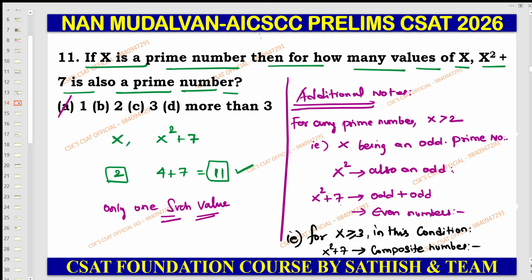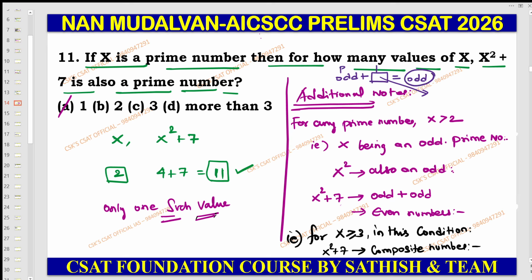X being an odd prime number, listen very carefully. Here, if you are taking an odd prime number, this is the odd. In order to get the odd, we are focusing on the prime number concept. What would be the case in order to get the resultant as odd? This is prime, here also prime. The resultant must be a prime odd, because in all the cases you will be getting odd only in prime numbers except one case.